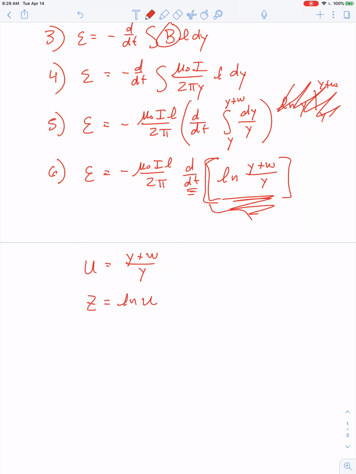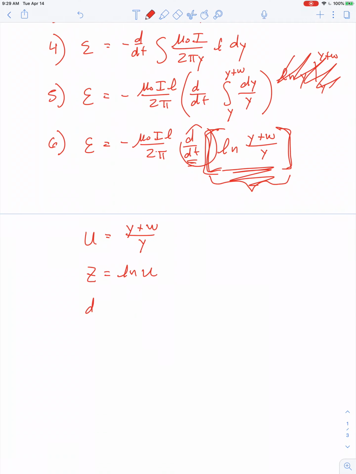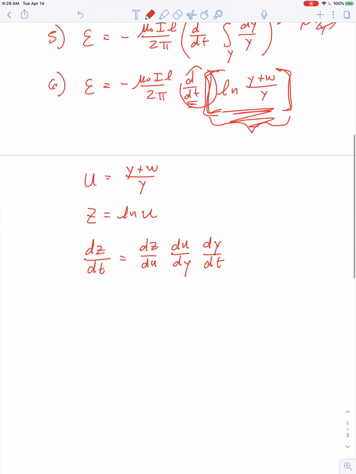So this whole quantity in brackets is our term z, and we're trying to take d/dt of z. Wouldn't dz/dt be the same as dz/du times du/dy times dy/dt? So sort of like a triple chain rule here.